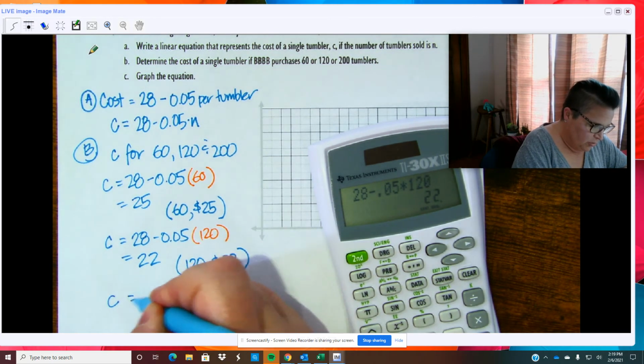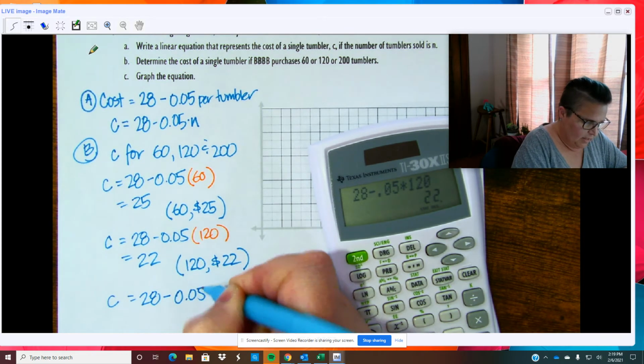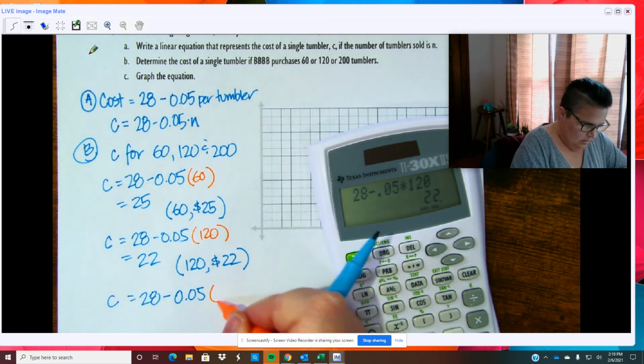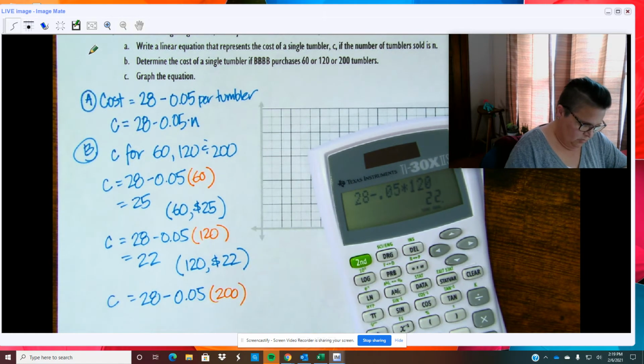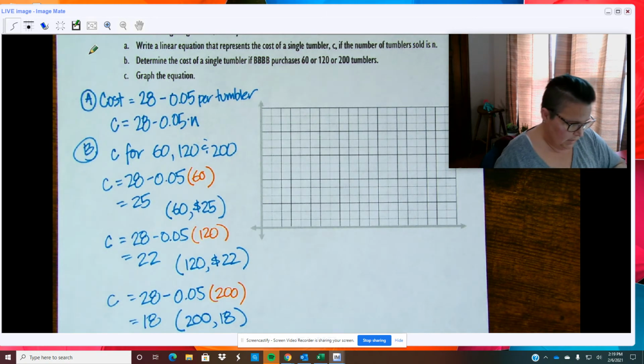What if they bought 200 tumblers? So that would be $28 minus 0.05 times a purchase of 200 tumblers. So now I'm going to do 28 minus 0.05 times 200, and then the cost would be 18. So if they purchase 200 tumblers, then they get $18 each.